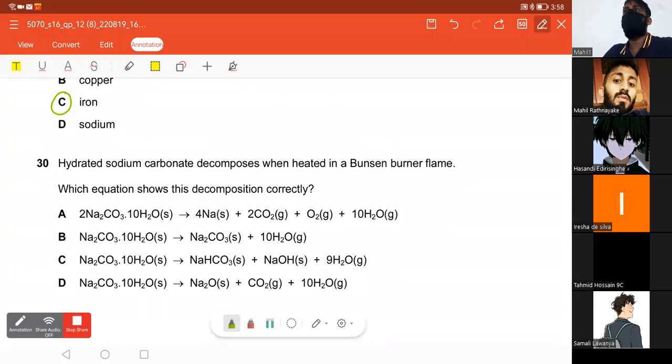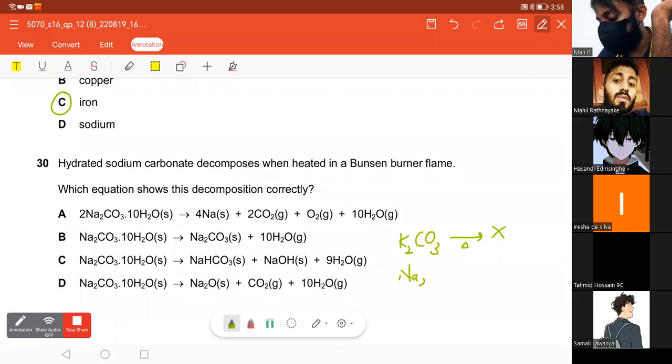Next one. Hydrated sodium carbonate decompose. Can sodium carbonate decompose? No. Potassium carbonate does not decompose. Sodium carbonate does not decompose. Therefore, answer is B. But other metal carbonates decompose and form what, Lamai?